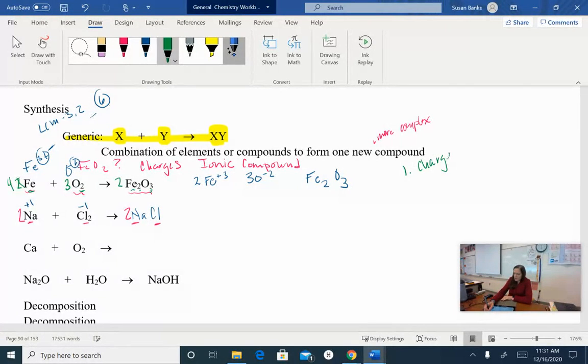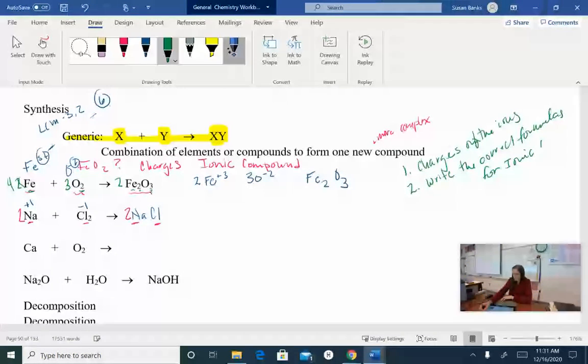So we write the charges of the ions. We write then the correct formulas for the ionic compounds. And then after we do that, we go back and we balance the skeleton equation.